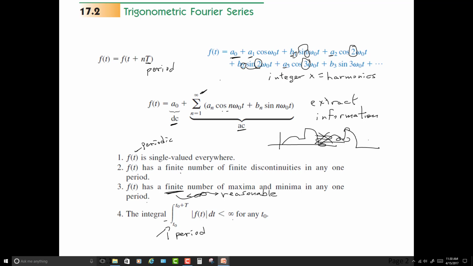Any periodic function, if taken over 1 period, starting anywhere in the function, the integral of the magnitude of that over that period has to be less than infinity. Now this only makes sense. It almost seems odd that it needs to be stated, but in mathematical terms, mathematicians really like to have this stuff very clear.